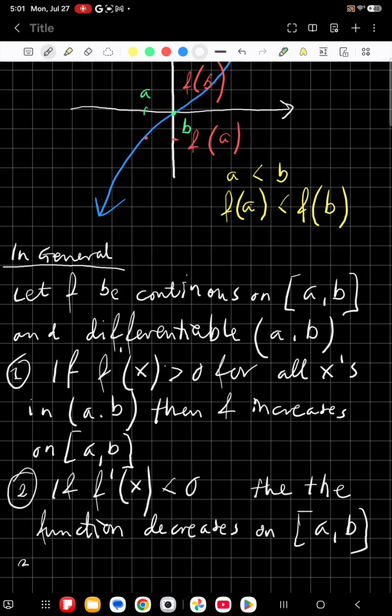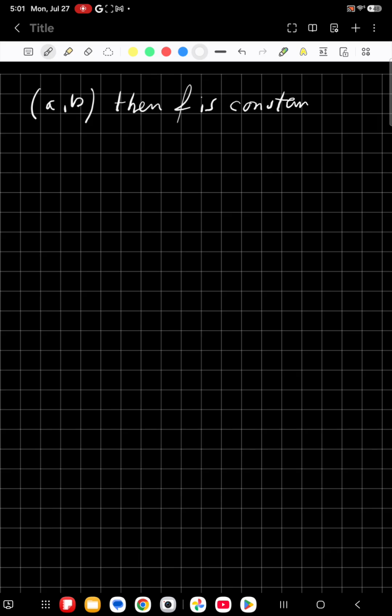And then point three: if f prime of x is equal to 0 for all x's in that open interval, so in (a, b), then f is constant on [a, b].